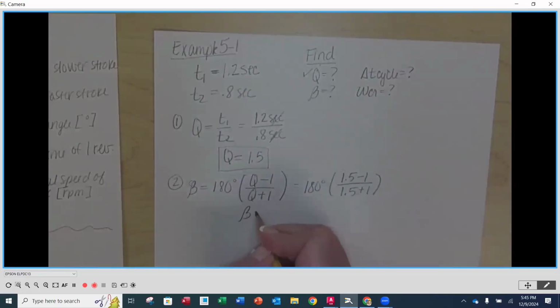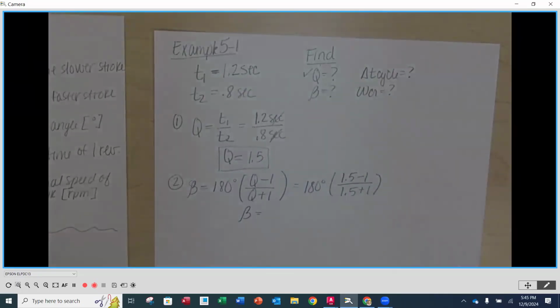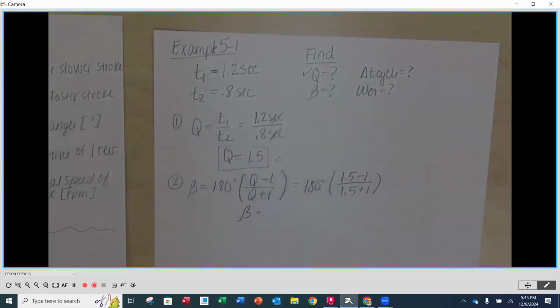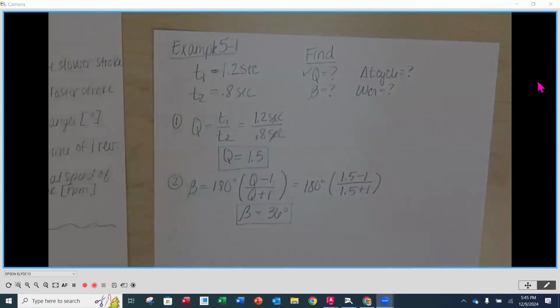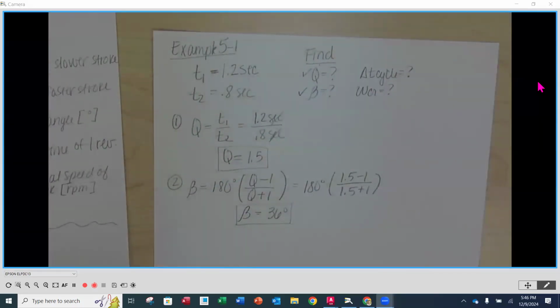What do we get for beta? 36 degrees. I'm going to pull up the chat again, feel free to add for those who are virtual as well, and make sure that you're getting these same values.